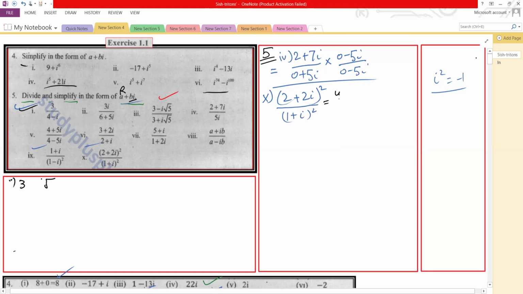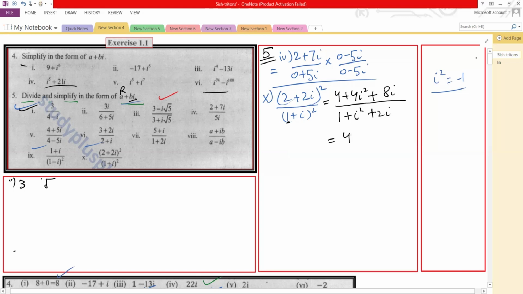A square means 4, b square is 4 iota square, plus 2 into a into b. A is this one, 2 times 2 is 4, 4 times 2 is 8 iota. Okay, and then a square plus b square. A square is 1, b square is iota square, plus 2 into a is 2, into b is 2 iota, plus 2 iota, it will become fine.